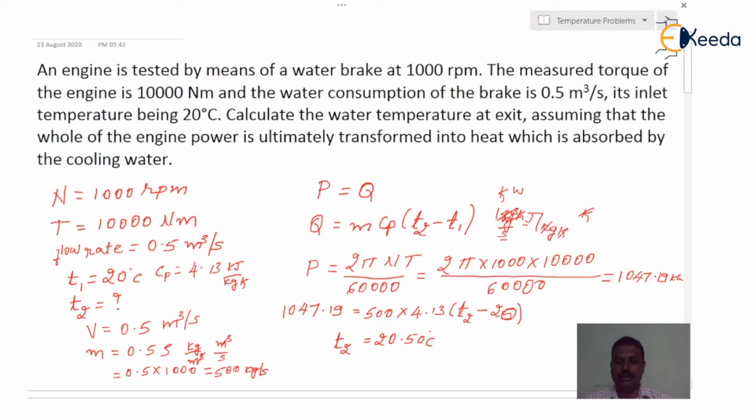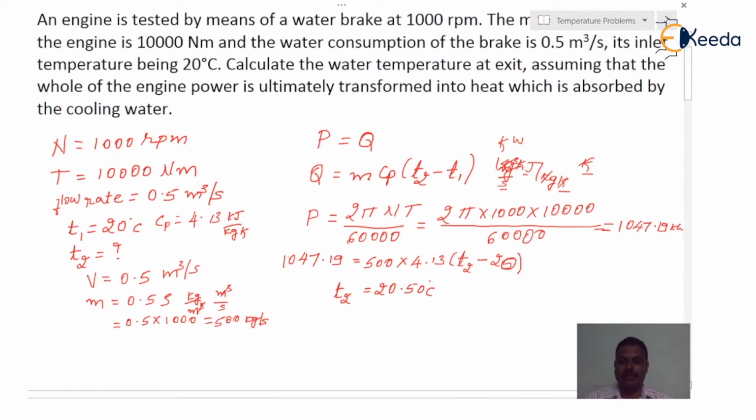Here I want to clear one thing. Here it has been taken as Kelvin, but here I'm writing the unit in degree Celsius. To have this clarity, I will explain this one. The difference of Kelvin and degree Celsius will always be the same.